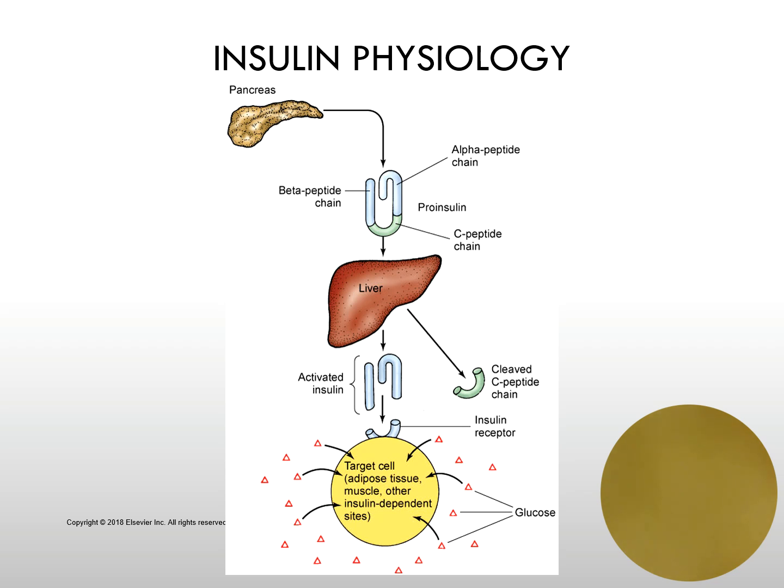Since the body cannot use glucose for energy, it begins to break down fat and protein for energy. Ketone bodies, which are an acidic byproduct of the fat cell breakdown, are released when the body uses fat for energy. This leads to an acid-base imbalance of metabolic acidosis.